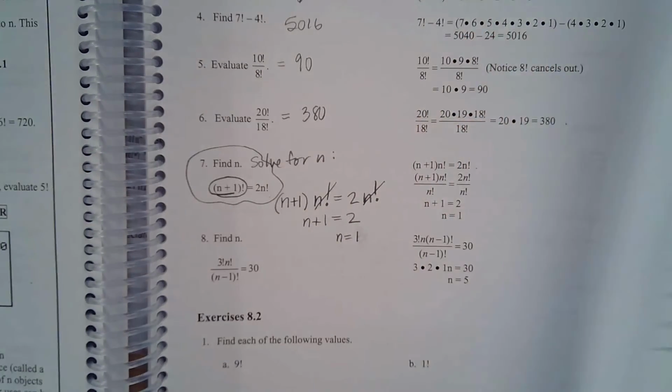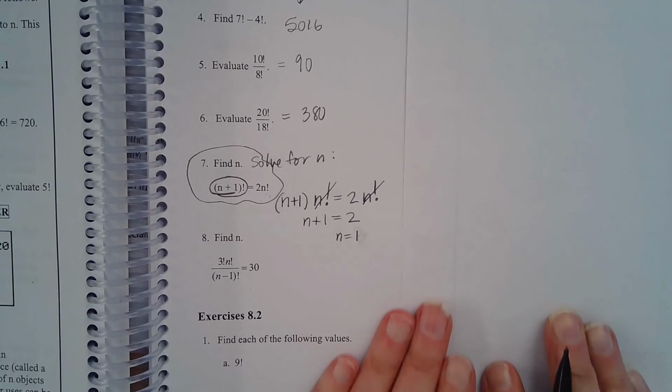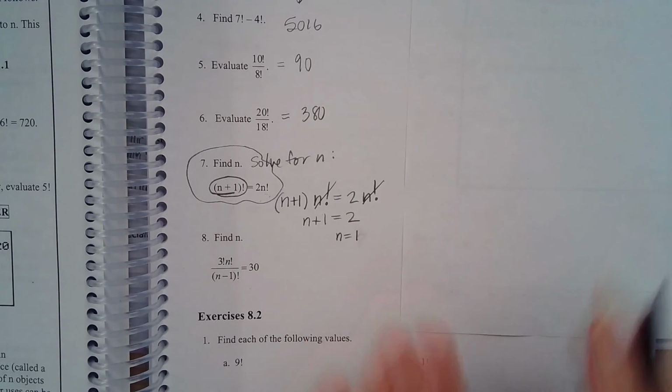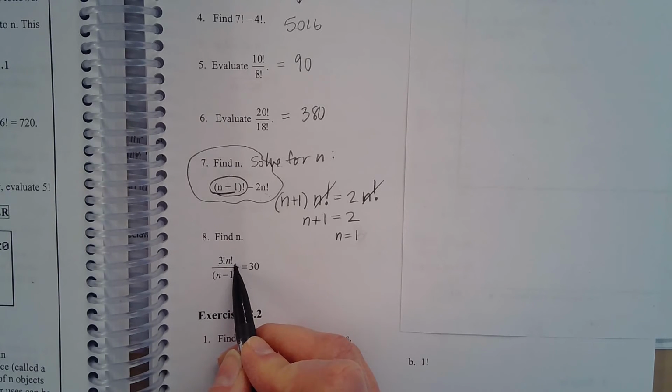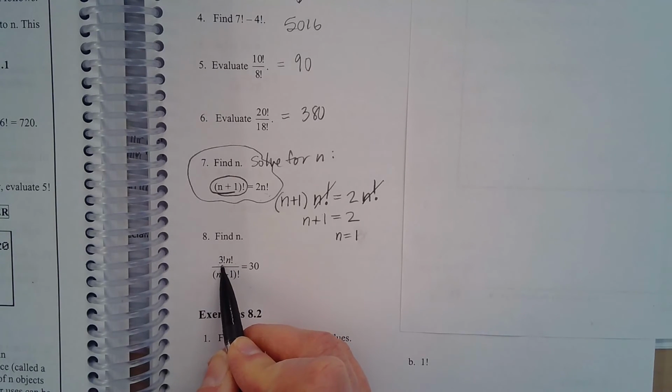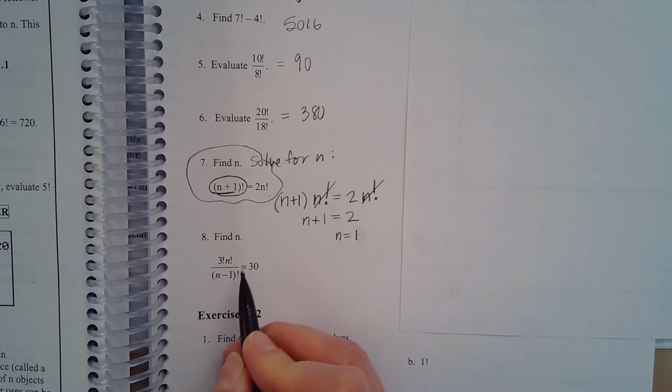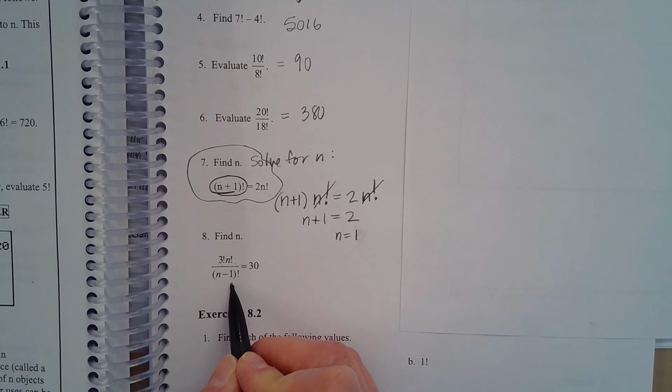Let's cover it up. Let's try that same process here for this last one. Find n. You've got 3 factorial, n factorial. Don't worry about the numerical factorials. They're easy because they actually represent a number, so they're fine. They'll cancel themselves out later. I've got an n on top and n minus 1 on the bottom.